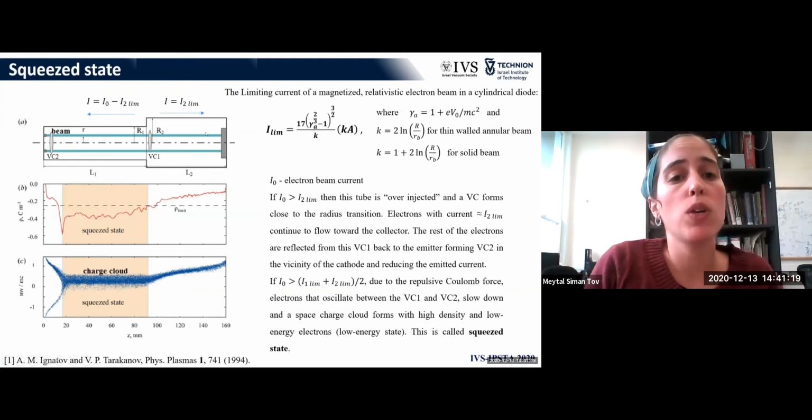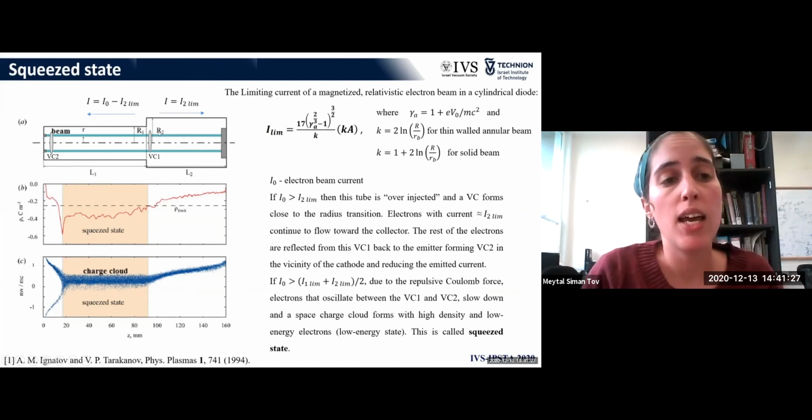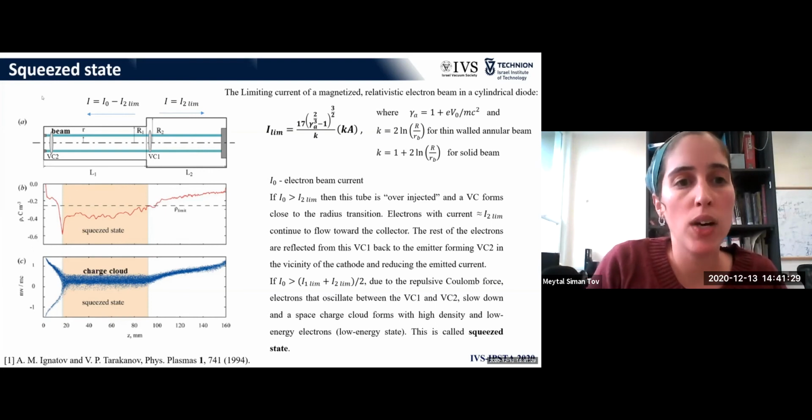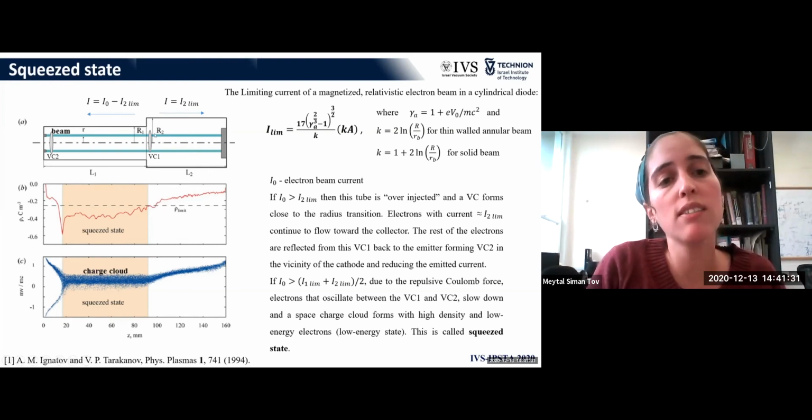Now let's look at the case when we have a tube, which is a combination of two different radii, R1 and R2, where R2 is the largest one, and a beam is emitted in the narrower tube with radius RB and injected into the wider tube with radius R2. If the injected current exceeds the limiting current of the wider tube, then we get a formation of a virtual cathode in the radial transition of the anode.